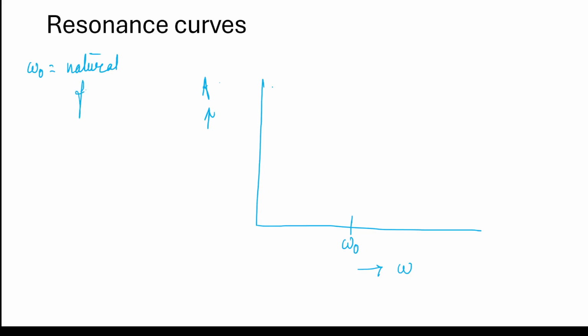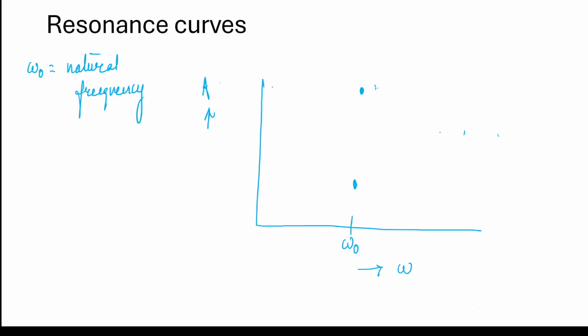It could be the particles of the bridge or the particles of the glass or whatever is the case. Now if omega and omega naught are equal, amplitude would become very high. It could be a very high amplitude, or it could be a low amplitude. That would depend on the damping.